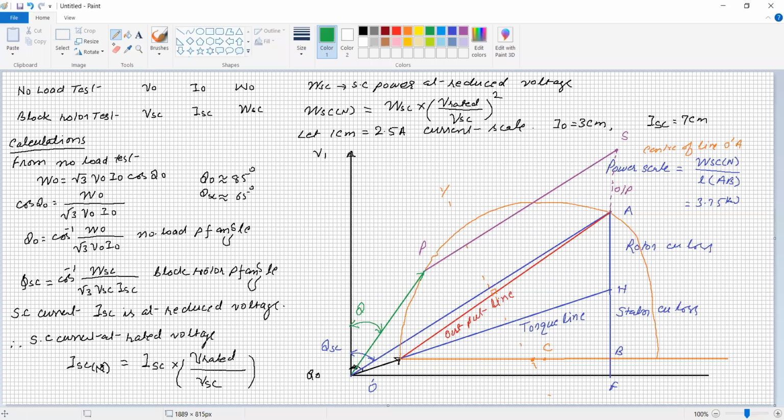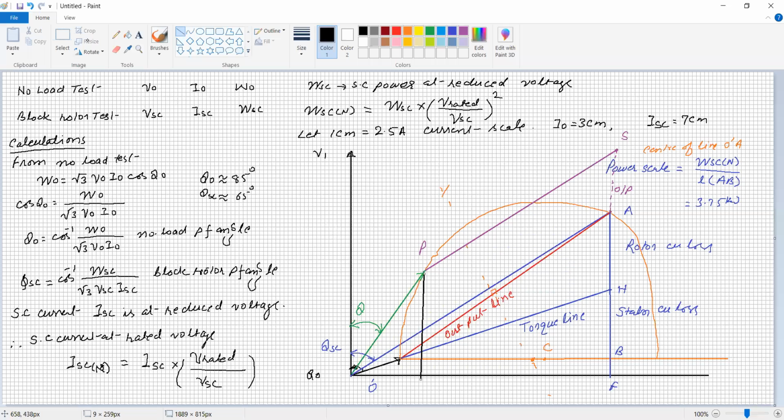Now draw a parallel line to the output line. Say I will draw with the black color from point P to the end. So this is this one.